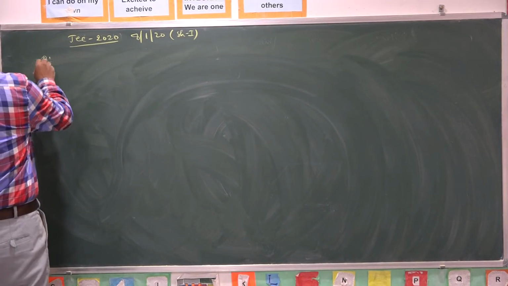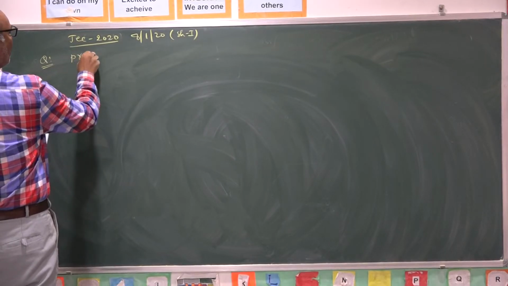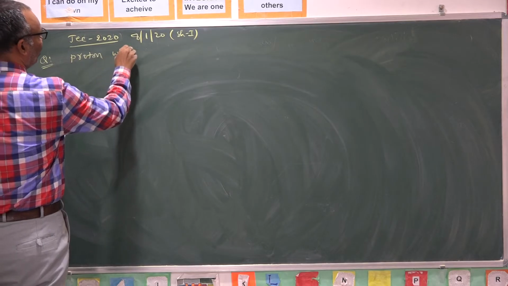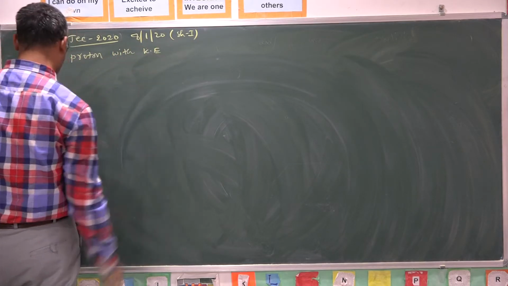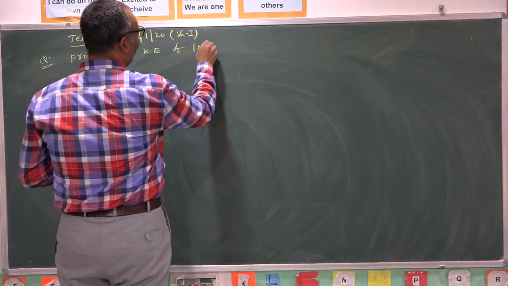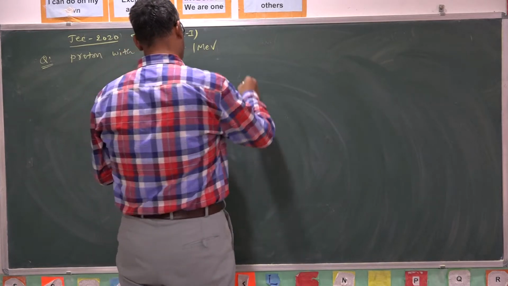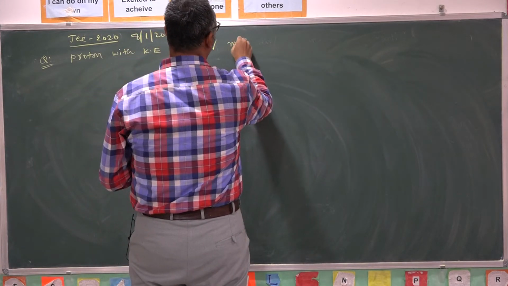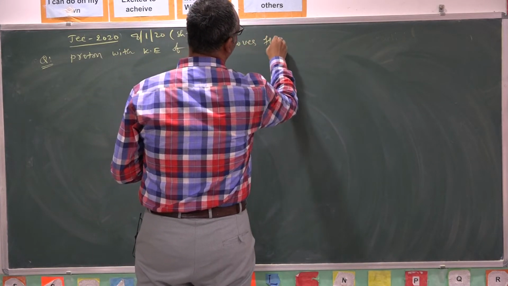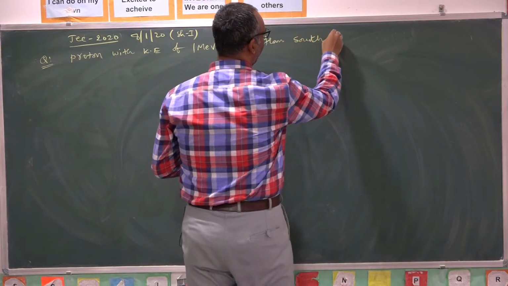The question is like this: a proton with kinetic energy of 1 MeV moves from south to north.